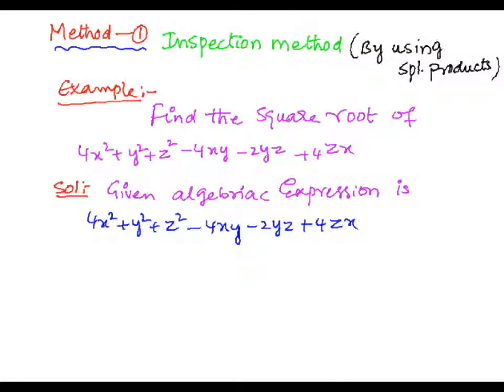So, here we know one identity, one special product: a plus b plus c whole square is equal to a square plus b square plus c square plus 2ab plus 2bc plus 2ca.